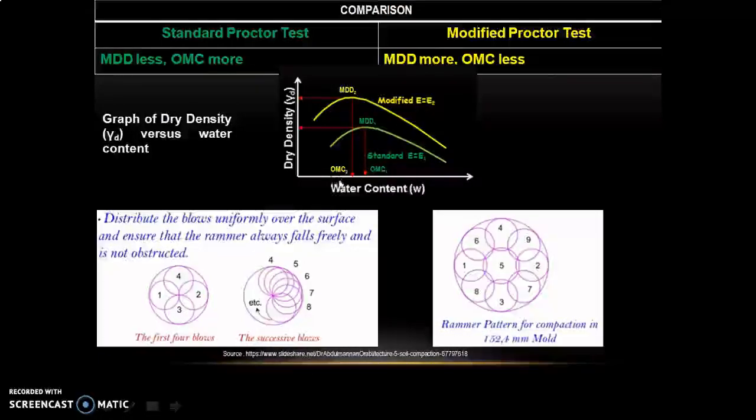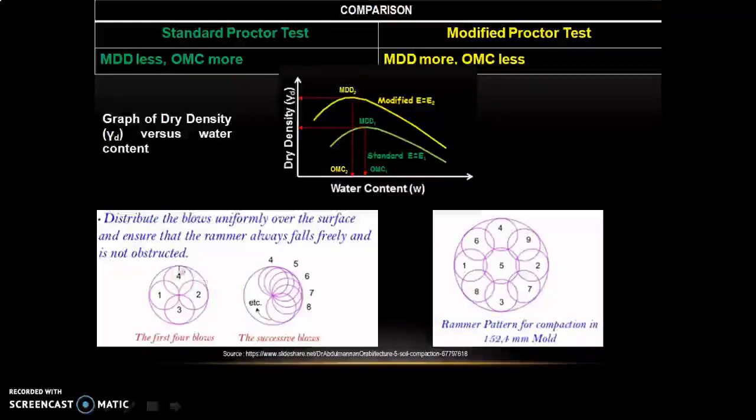That means the water content required in order to compact the soil is less compared to the water content required for the standard Proctor test. So that is the difference mentioned over here. For the standard Proctor test, MDD is less and OMC is more, whereas for the modified Proctor test, MDD is more and OMC is less.